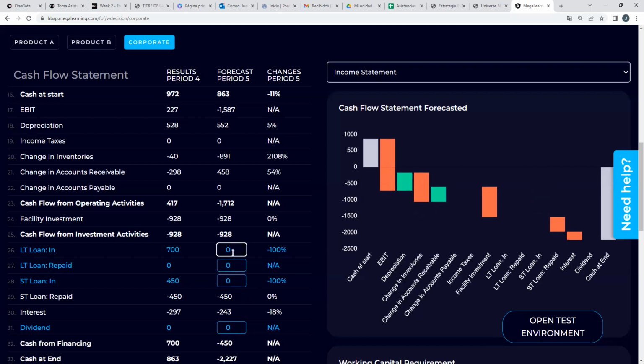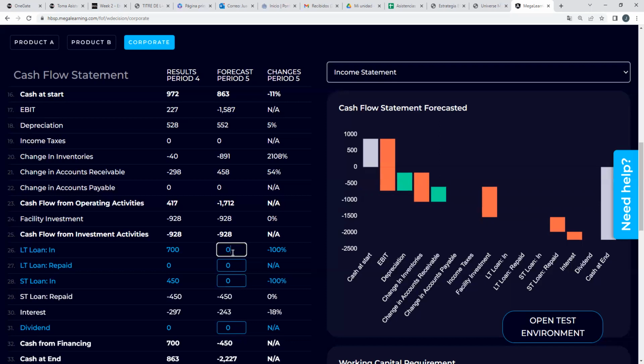But with long term, you can have two decisions. For example, in the previous round, the administrations got a new debt with the banks of $700. This time you can ask for more long-term loan, or this time you can repay.